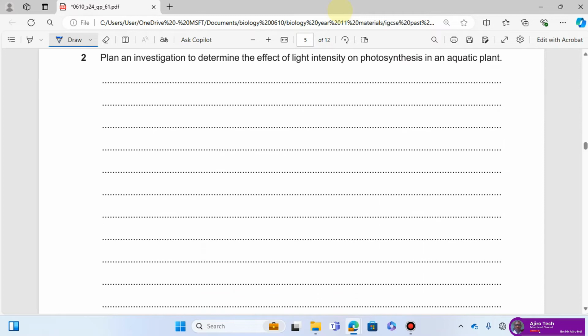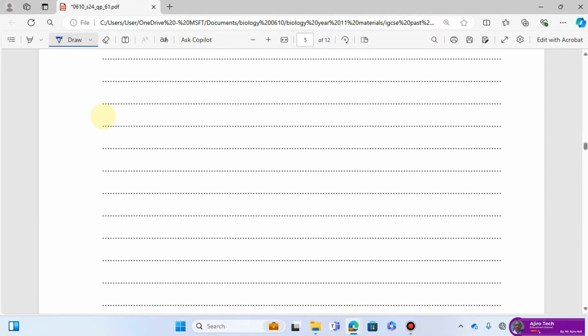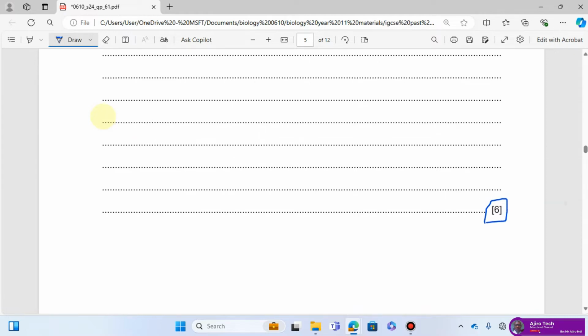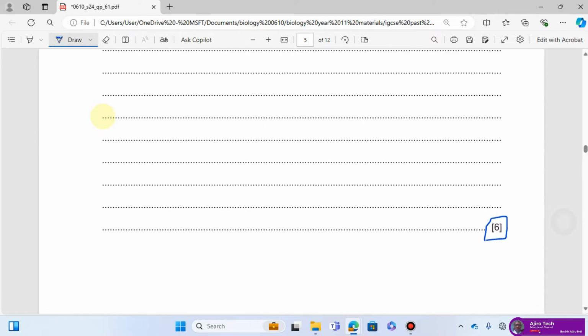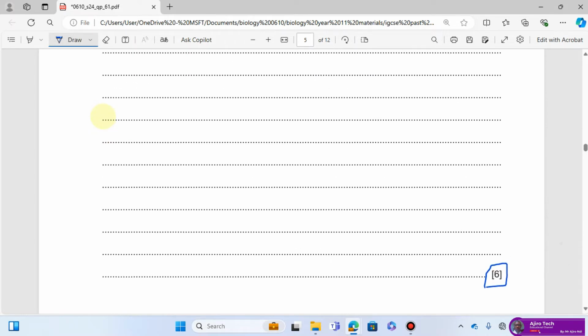Let's go to question 2, and it's on planning and investigation. The important thing about planning and investigation is that you have your own decision to take in how you plan the investigation, but you must follow the rule of carrying out an investigation. Total marks is usually 6 marks, so you don't need to write too much and take all your time solving.